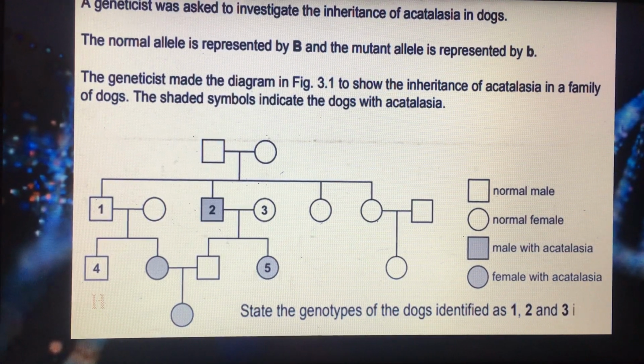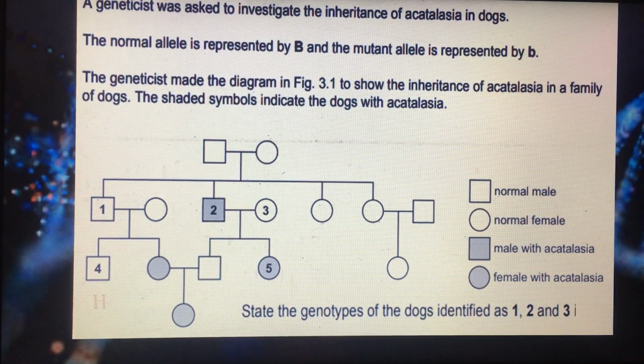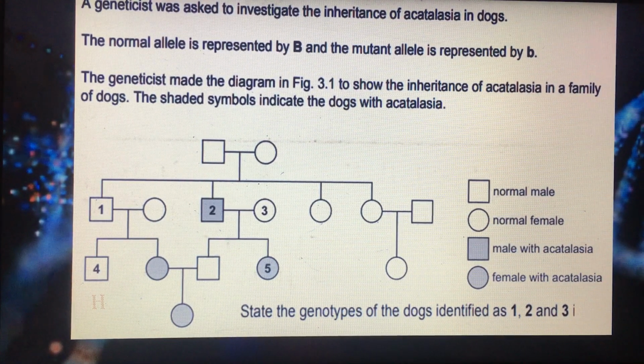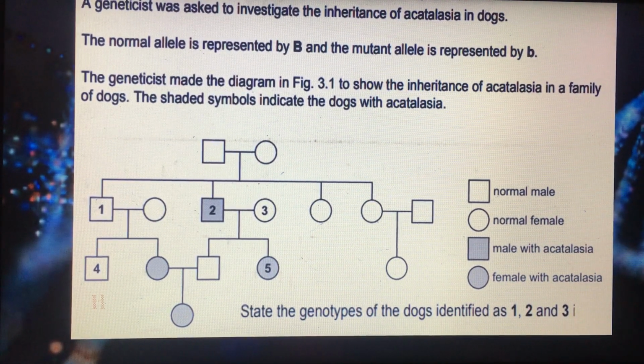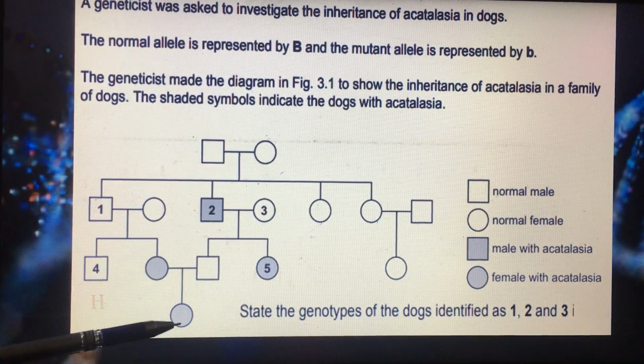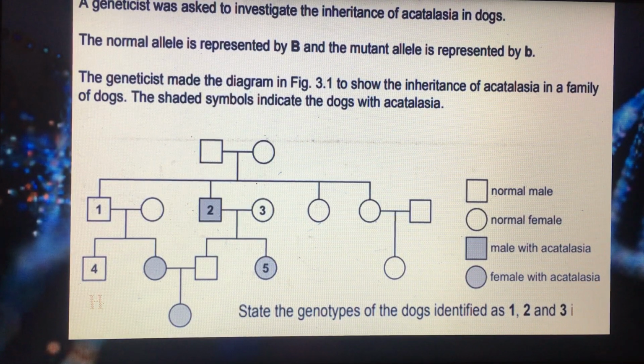Okay, as we say that all shaded, they are affected with recessive, so they are recessive, so they have 2 small letters. So this circle and 5 also, all of them have B small, B small.